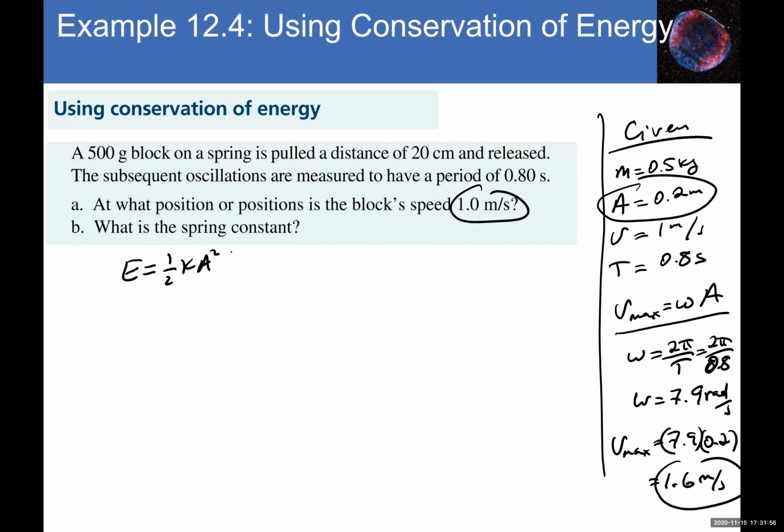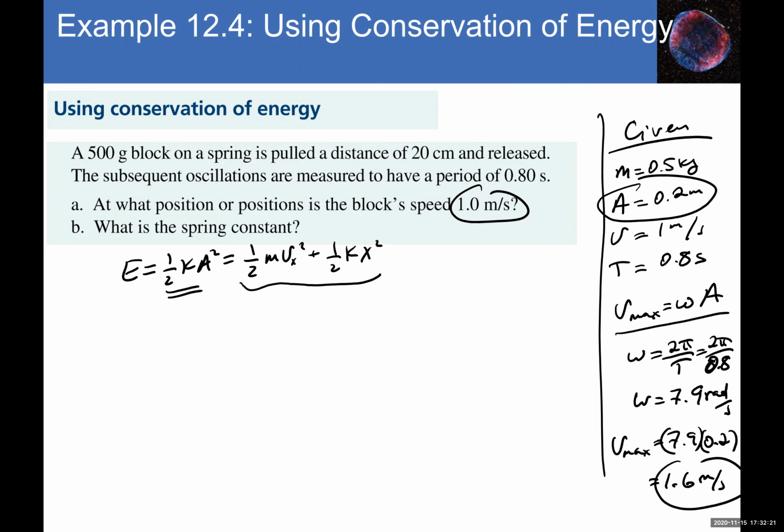Since this speed occurs at some position x, there will be both kinetic and potential energy there. The total energy will be 1/2 m v squared plus 1/2 k x squared, and their sum should equal the total energy, 1/2 k A squared.